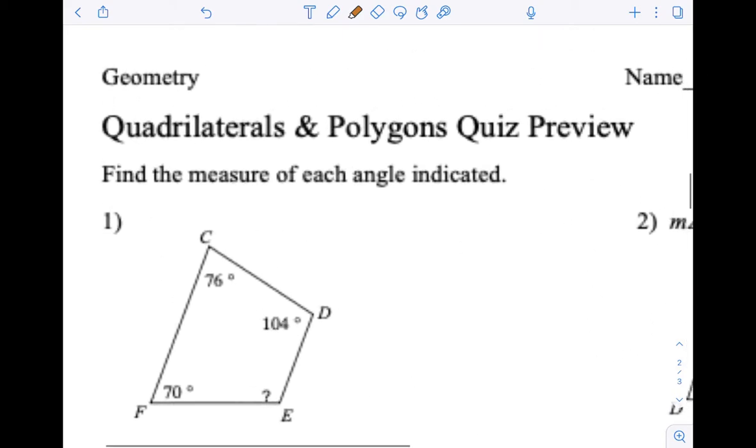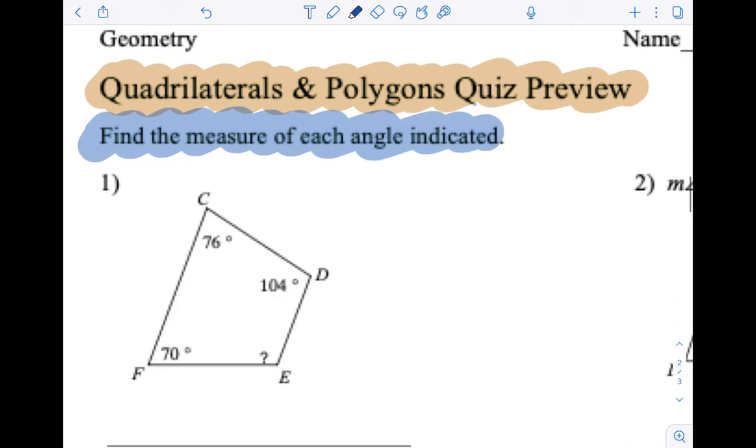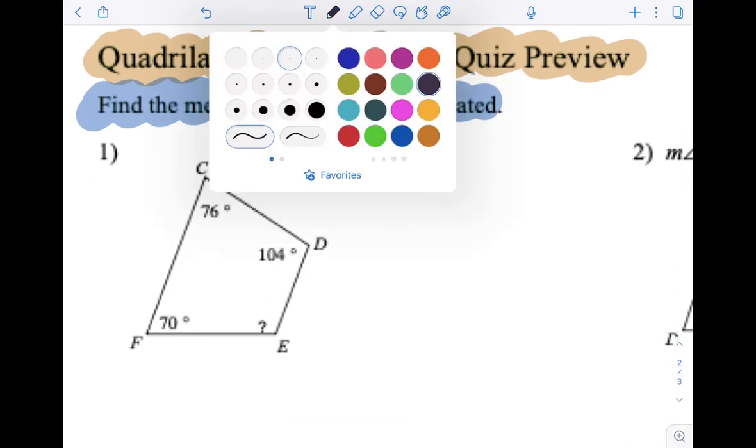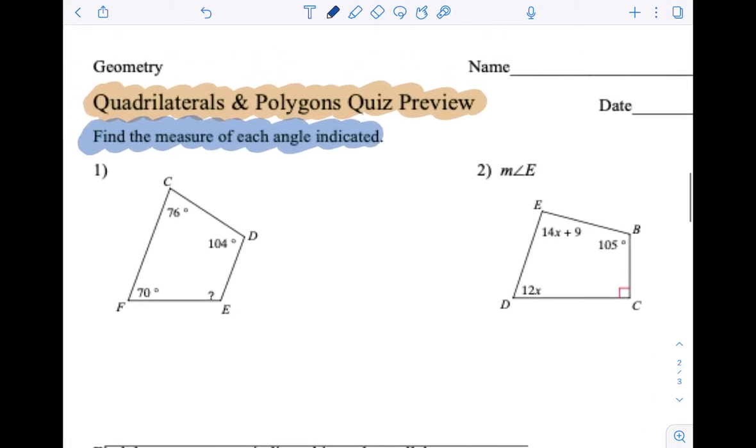Here we go. The name of the quiz preview is Quadrilaterals and Polygons Quiz Preview. First set of instructions say, find the measure of each angle indicated. So number 1 and 2, these are quadrilaterals.